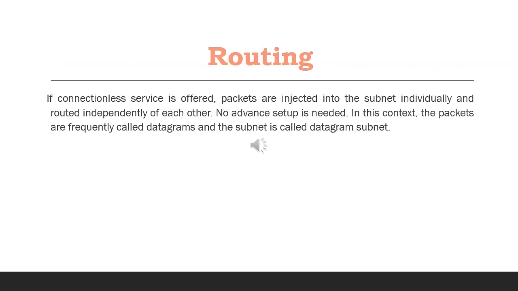Talking about routing, if connectionless service is offered, packets are injected into the subnet individually and routed independently of each other. No advanced setup is needed. In this context, the packets are frequently called datagrams and the subnet is called a datagram subnet.